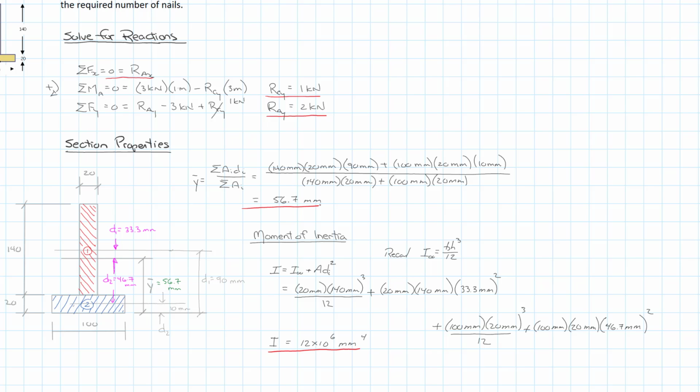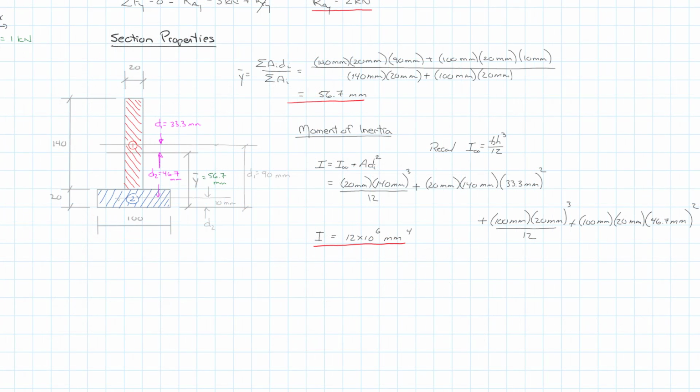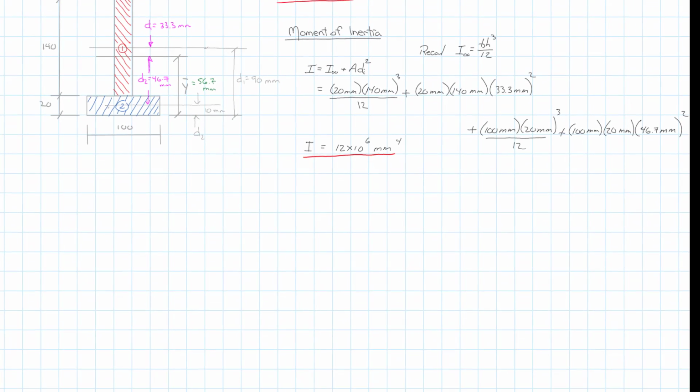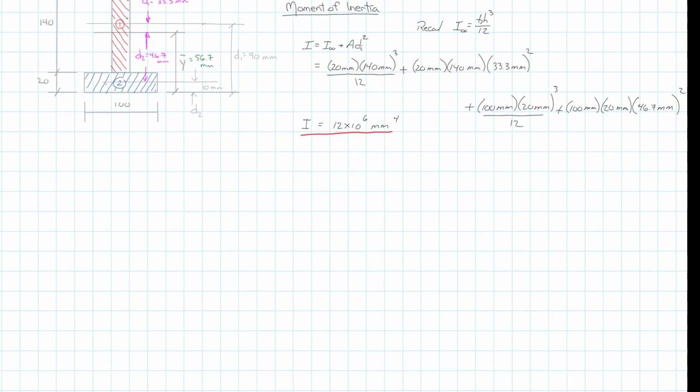They're all intermediary solutions. One other section property that we have to concern ourselves with is the first moment of area, or Q. And of course, that varies over the cross section, so we have to do Q at a particular point. Now, the Q we're interested in this case is at the interface of the flange and the web, because that's where the nails are going to be carrying the shear, or the shear flow. And so what we need to do is calculate Q for that interface.